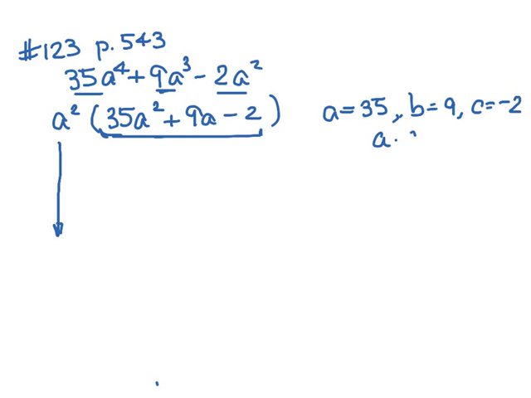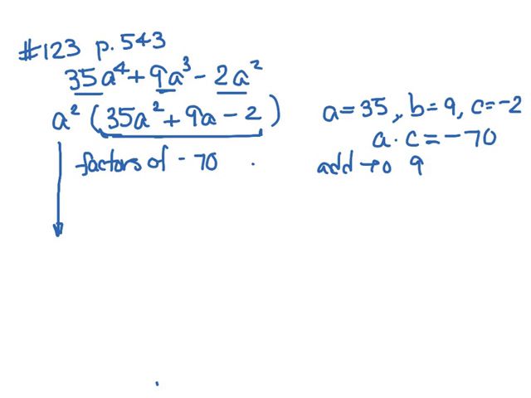So our a times c is negative 70. So we're going to look for factors of negative 70 that add to our b, which is 9. From our last round we know that anything that ends in a 0 is divisible by 10, so we could try 7 and 10.